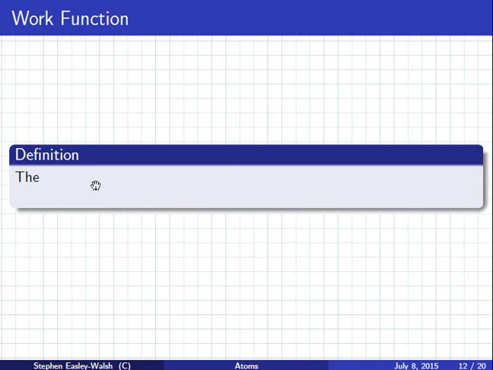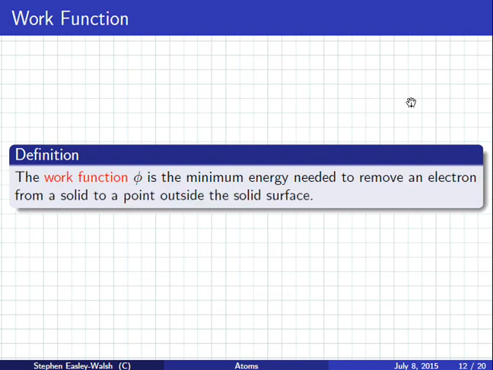The work function is the minimum energy needed to remove an electron.